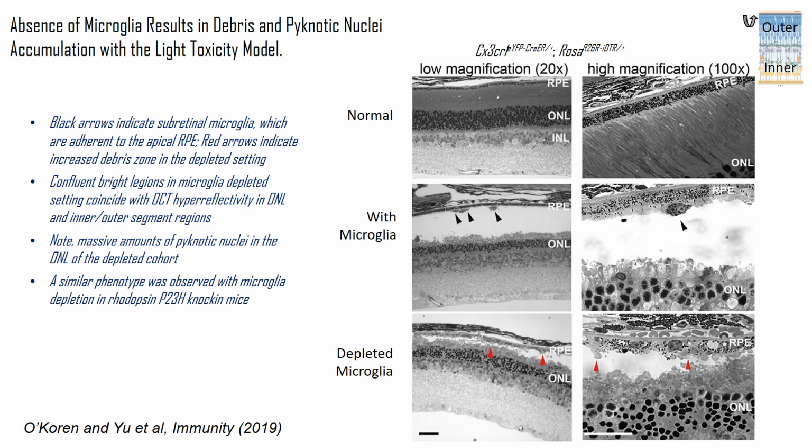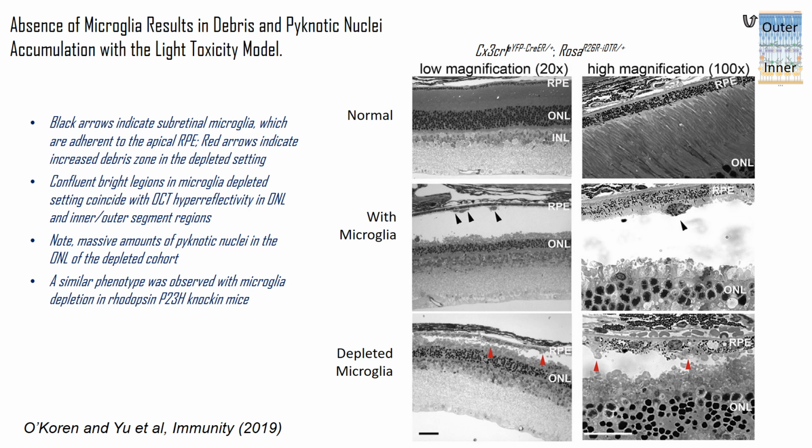Now, looking histopathologically reveals more clues. In the presence of microglia, you can see a subretinal microglia there at 100x magnification, which is embedded in the apical RPE, delineated with an arrow. You can see clearly the inner and outer segments are gone in this particular lesion, and many of the ONL cells, with significant thinning.